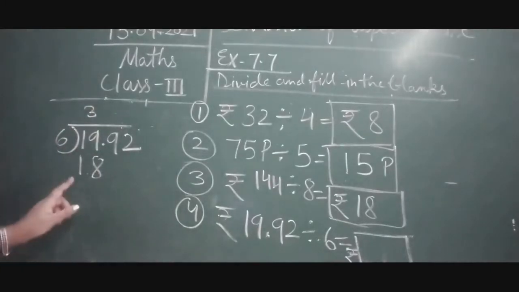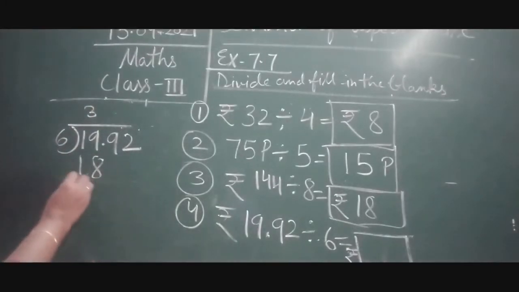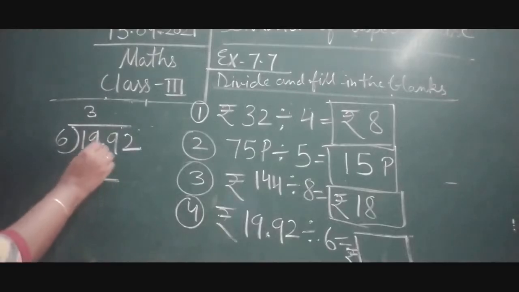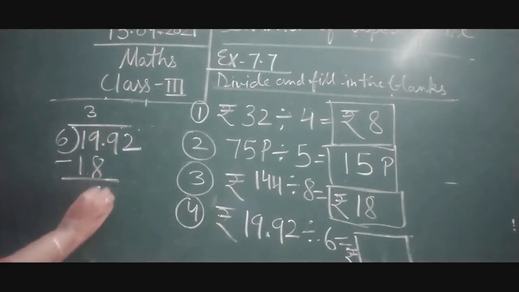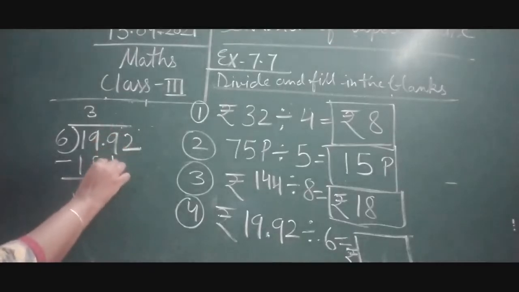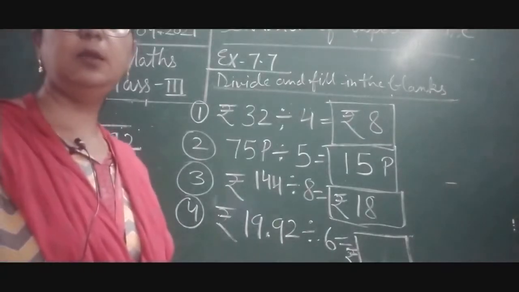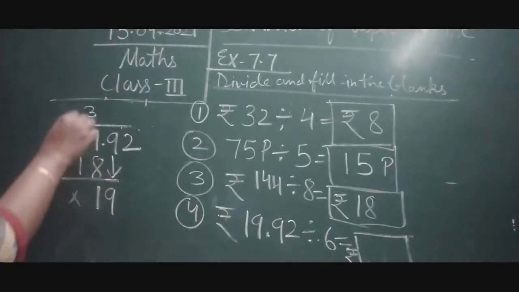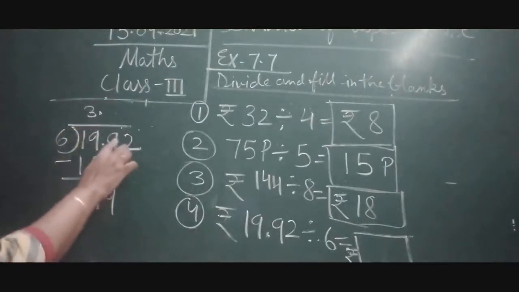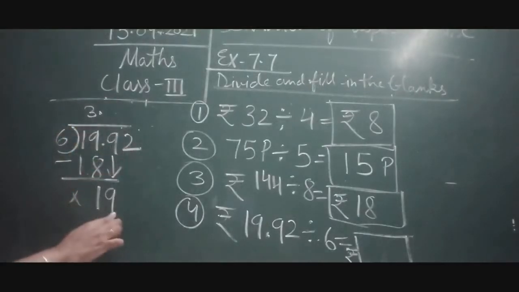Here you can see 18. 18 minus 18, nothing will be left. Now we will write down 9 over here. Because here we are going to put 1 dot over here, and here 9 will be dragged over here.